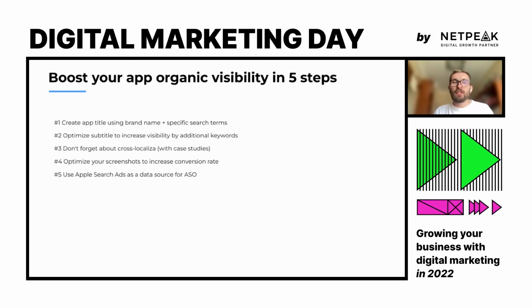You guys never need to forget about cross-localization as a really high-performing and magical thing which can increase your app visibility and increase coverage of relevant keywords. You need to work with screenshots, with visual App Store optimization, but you need to do it when your application already has a big number of installations. Screenshots have influence not only on App Store optimization, not only on organic traffic.